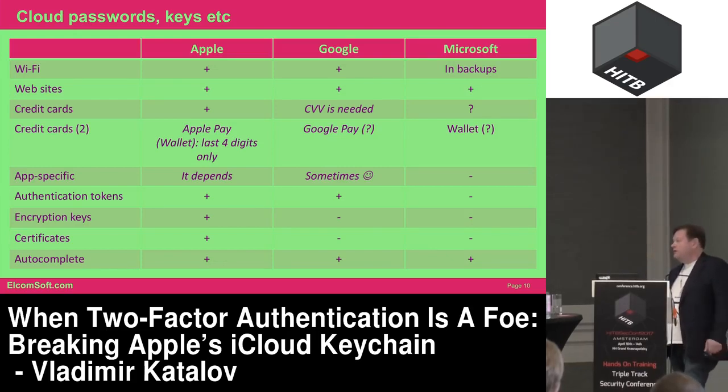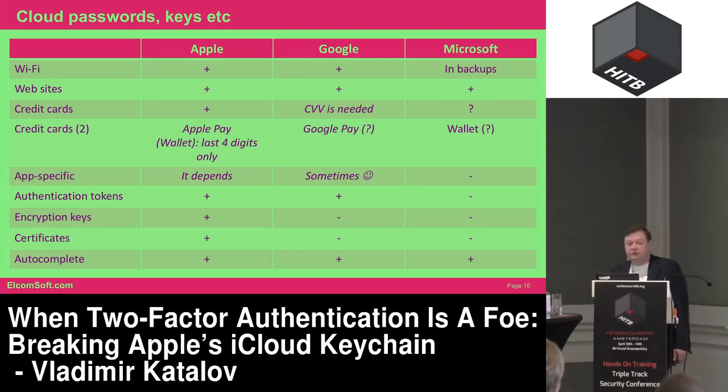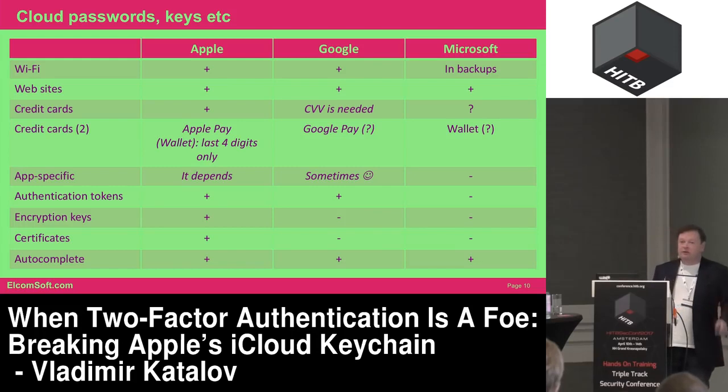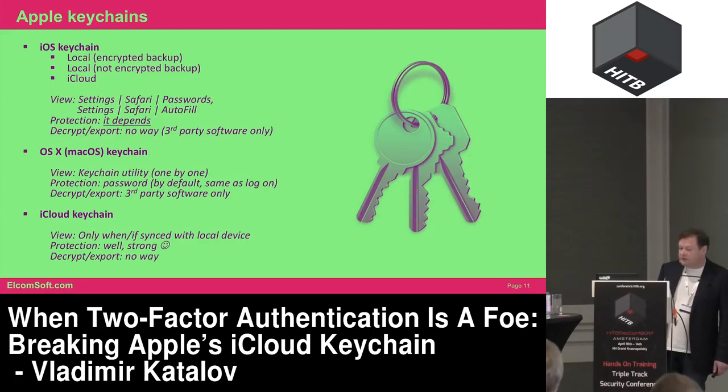But on the device and in the cloud backup, there is an authentication token which can be used to access that account and download or just view everything. And there are also autocomplete text that may contain passwords and other critical information.